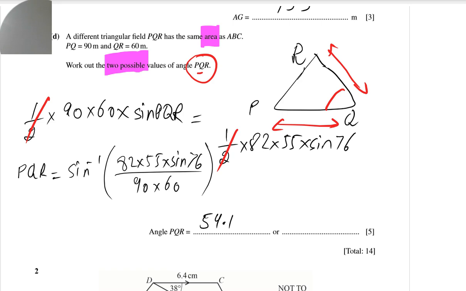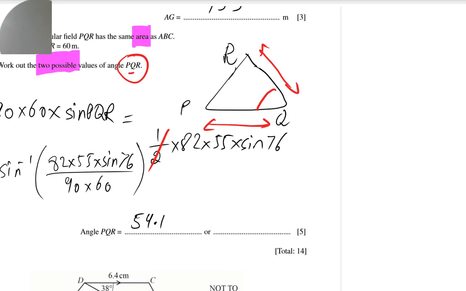Now what about the other thing? The two possible values. For this purpose, you need to understand about the sine graph, as we have taken the sine of this angle. So for the sine graph, the maximum value of sine is 1 and the minimum value of sine is minus 1, and the center value with the half wave is 180 degrees.